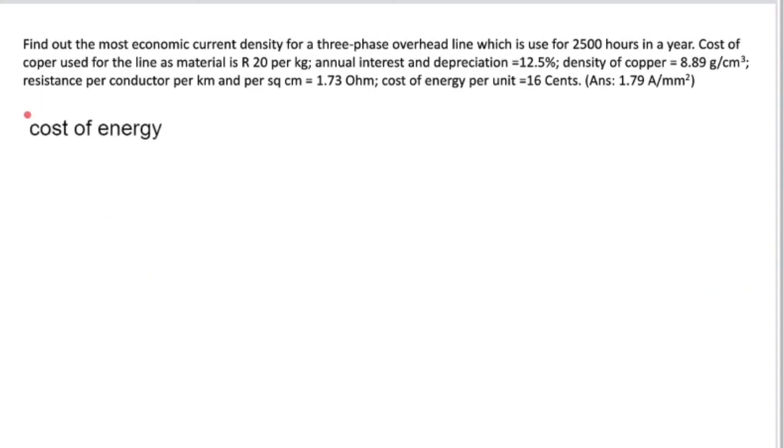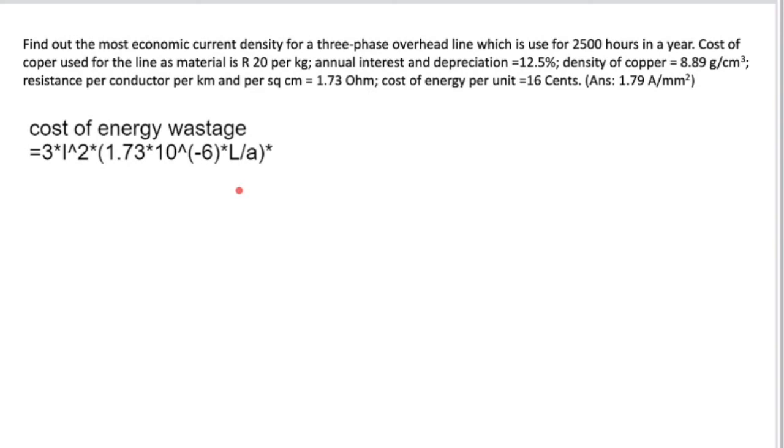Cost of energy wastage is equal to 3 times I squared times R. R is 1.73 times 10 to the power minus 6 L over A. So 3 I squared R. Now we need to get the time.